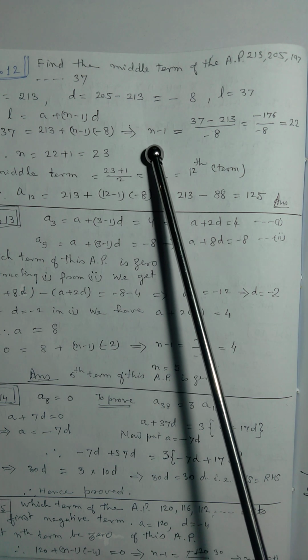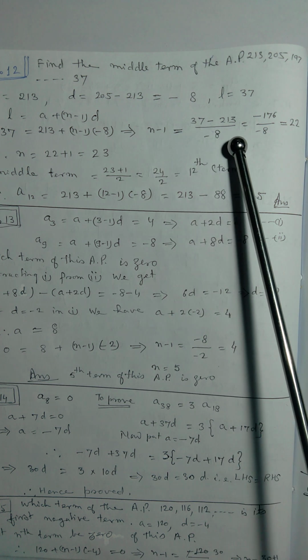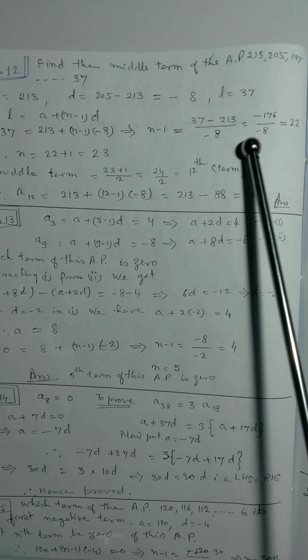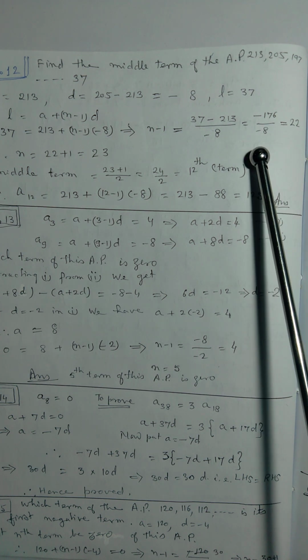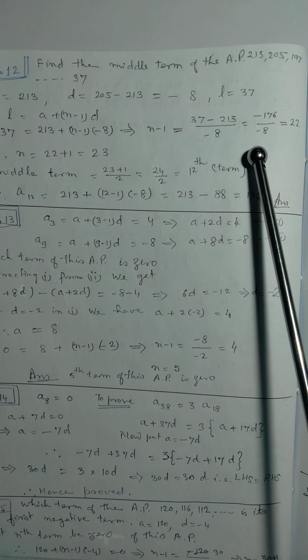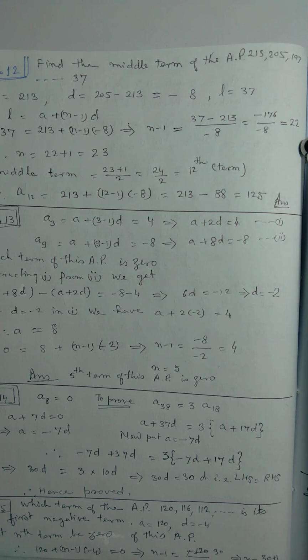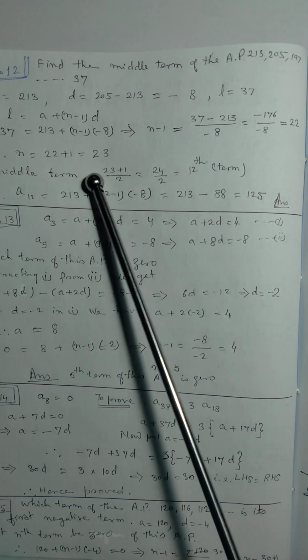So find n minus 1 first of all. It will be equal to 37 minus 213 whole divided by minus 8, that is minus 176 upon minus 8, which is equal to 22. So n will be equal to 22 plus 1, that is 23.